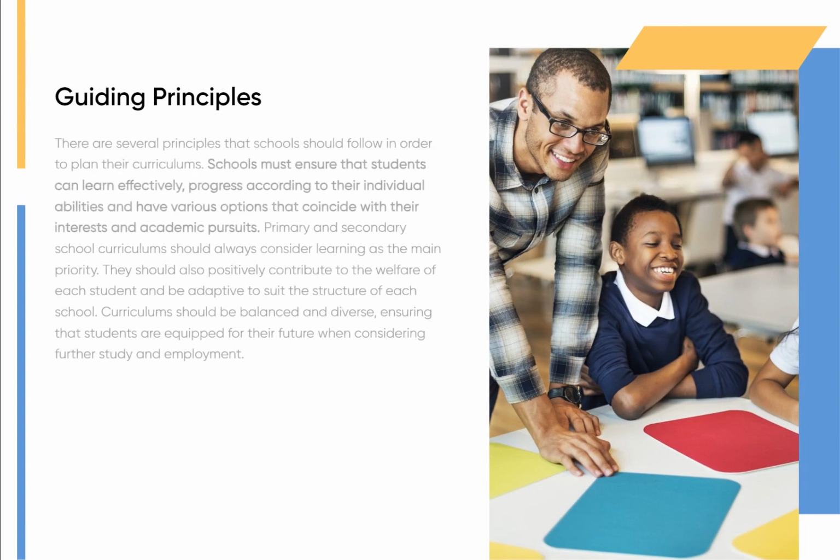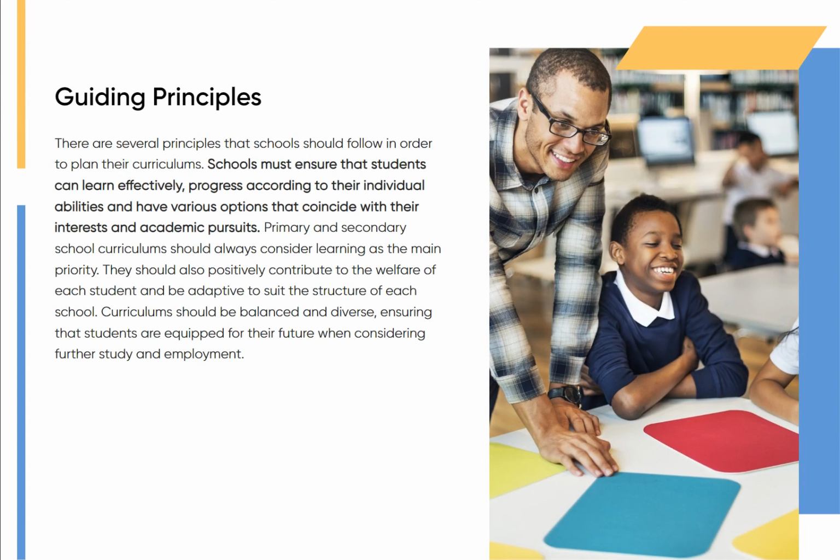Guiding principles. There are several principles that schools should follow in order to plan their curriculums. Schools must ensure that students can learn effectively, progress according to their individual abilities, and have various options that coincide with their interests and academic pursuits.